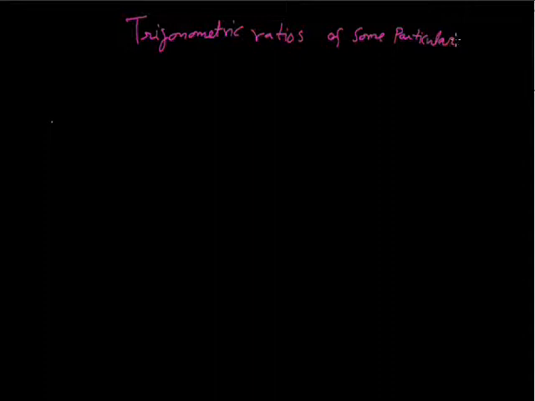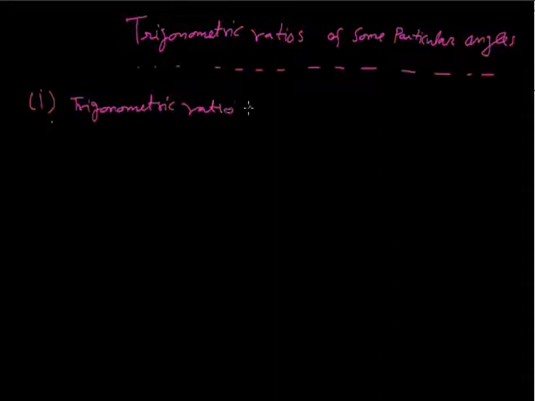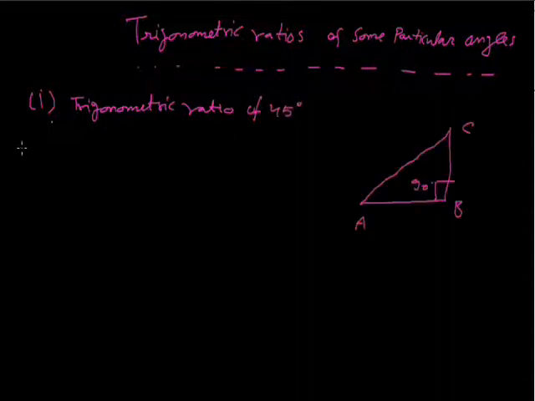Now we introduce trigonometric ratios of some particular angles. Ratio of 45-degree angle. First we draw a triangle with two equal sides such that AB equal to BC.